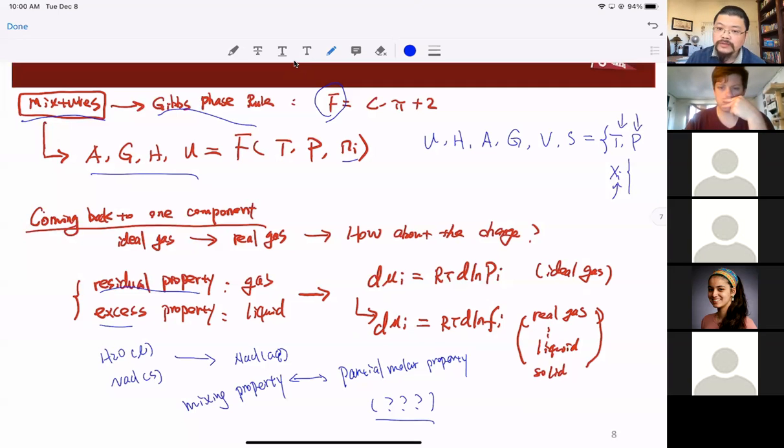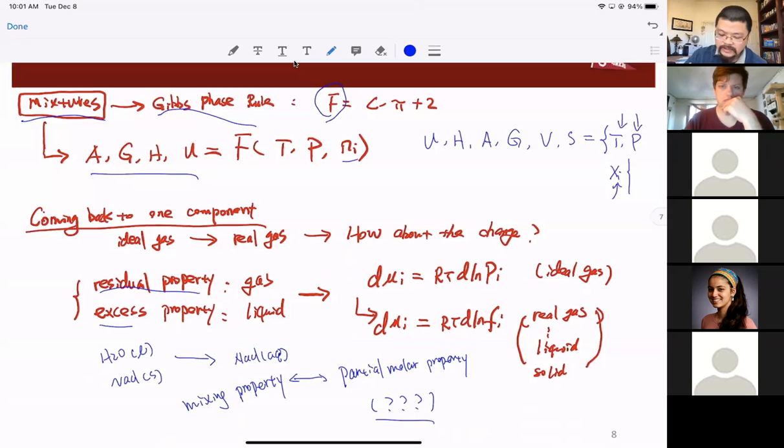So this is the one route in terms of the big picture, why we are moving from ideal gas to real gas to mixtures to any other realistic systems. On the other route, we still need to come up with a descriptor, right?